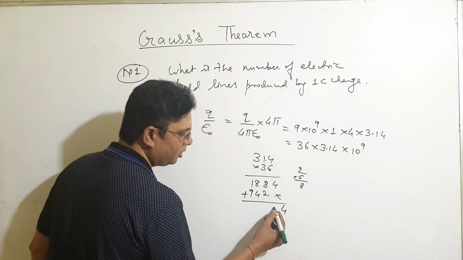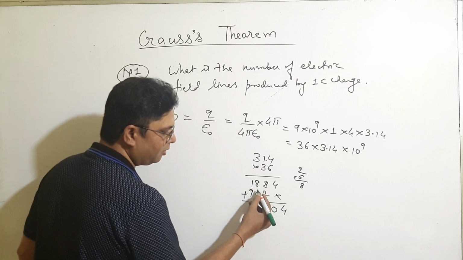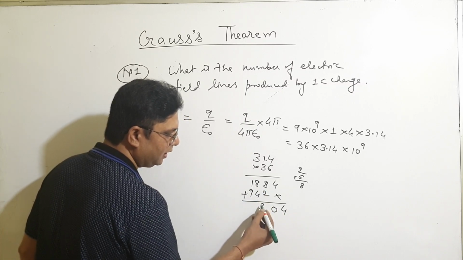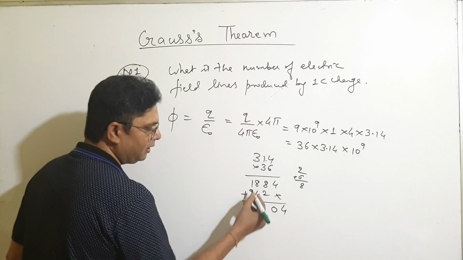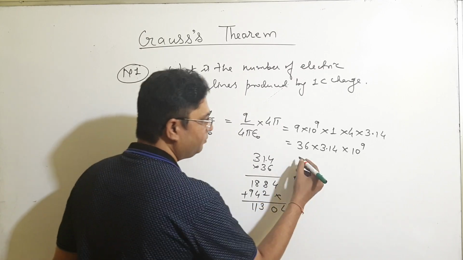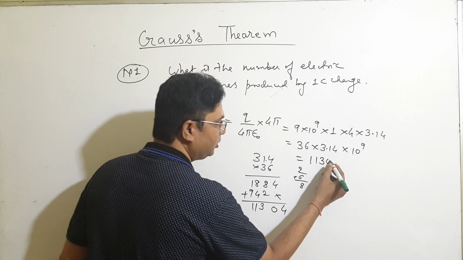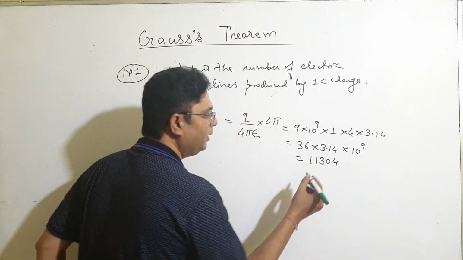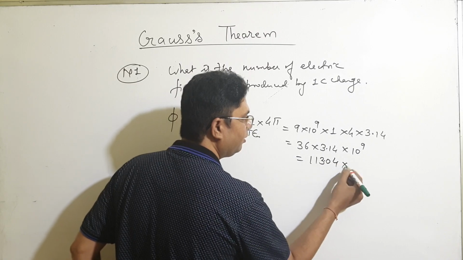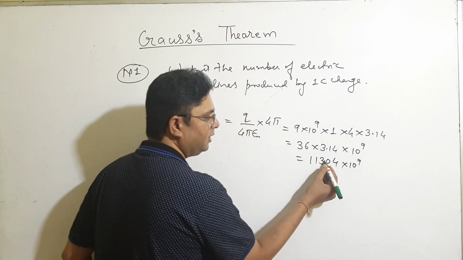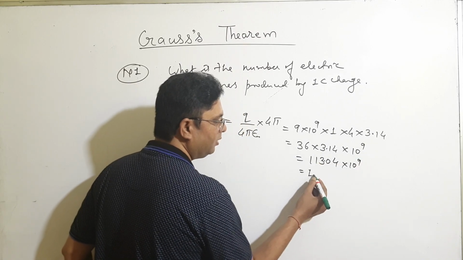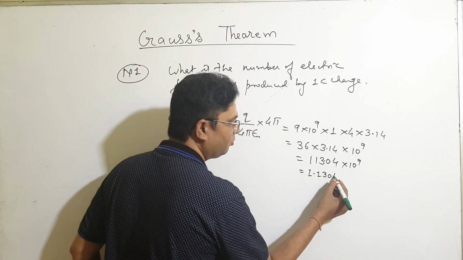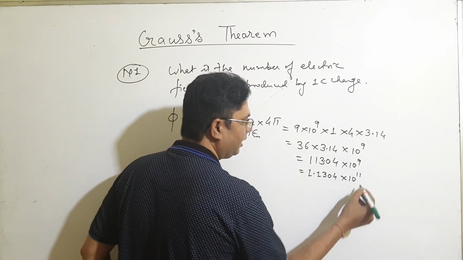You have 4, 0, 10, 12 plus 1, 13, and here 9, 1, 10, 1. So you have 11304, and the point will be here, 10 to the power 9. So shift the point here, and you have 1.1304 times 10 to the power 11.